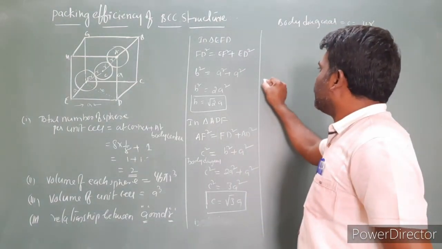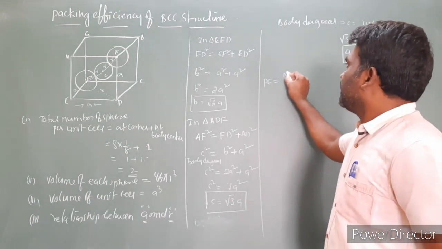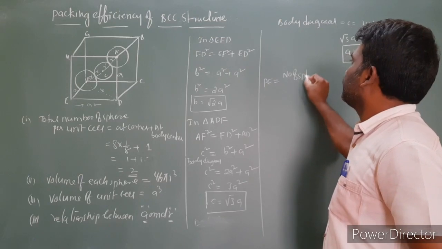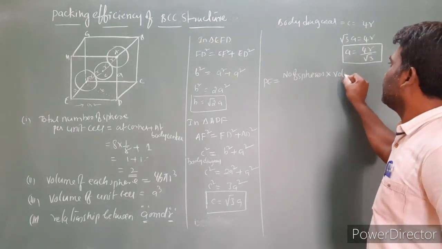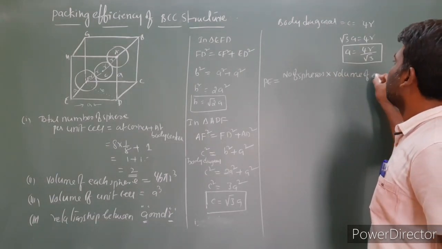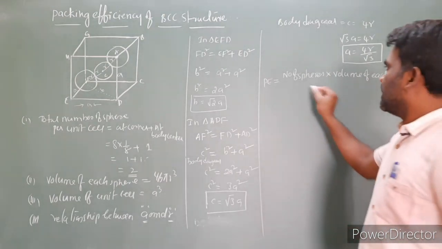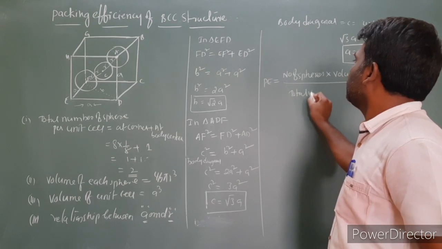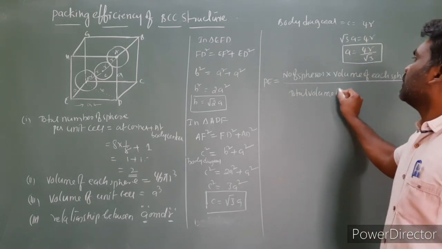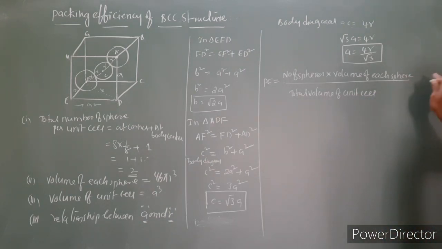Now we have to find out the packing efficiency. The packing efficiency PE is equal to number of spheres into volume of each sphere, divided by total volume of unit cell, into 100.